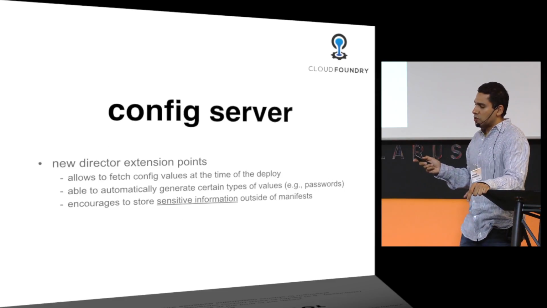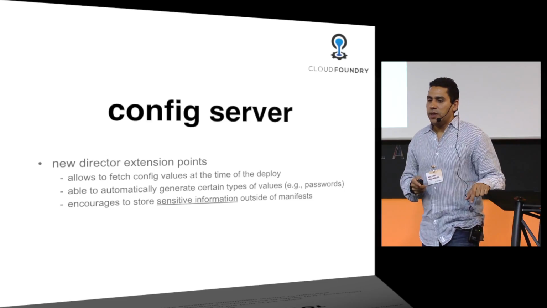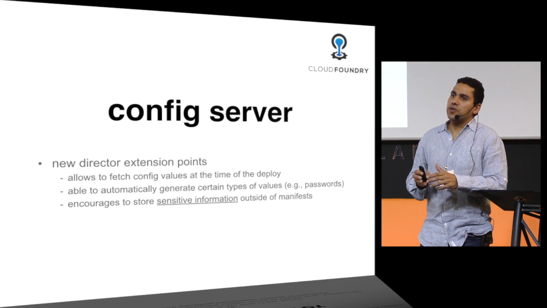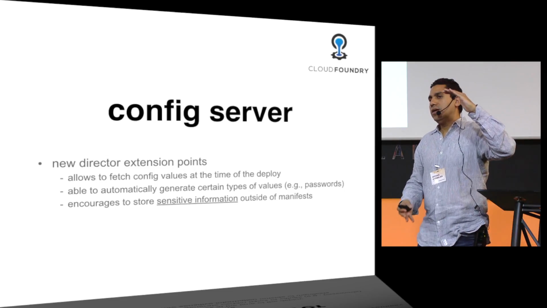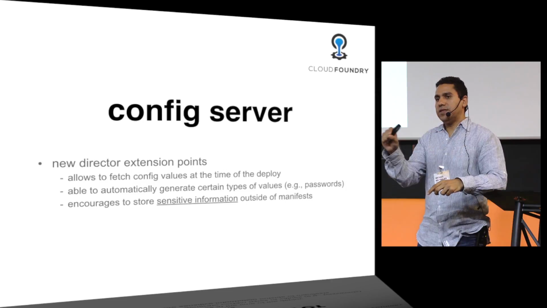Config server is also another one where essentially it allows you to remove passwords and SSH keys from your manifest. That big file I mentioned has a bunch of disks, passwords in it, and SSH keys. What you would want is to have a pointer to those. So you need to have a secure place to have it.